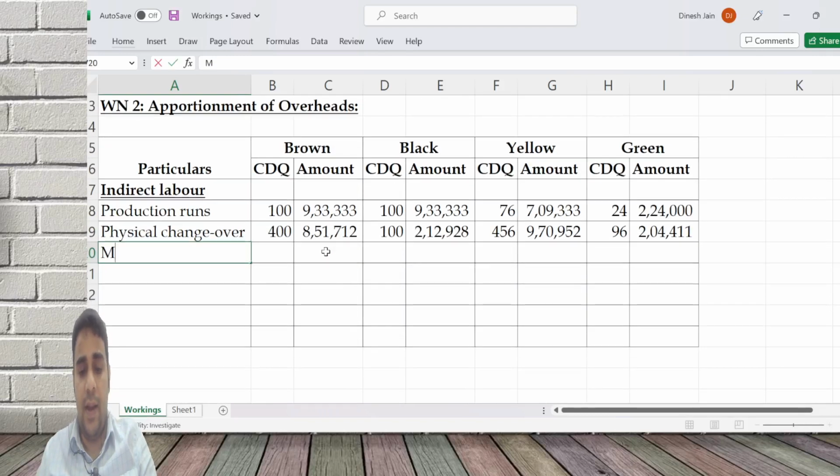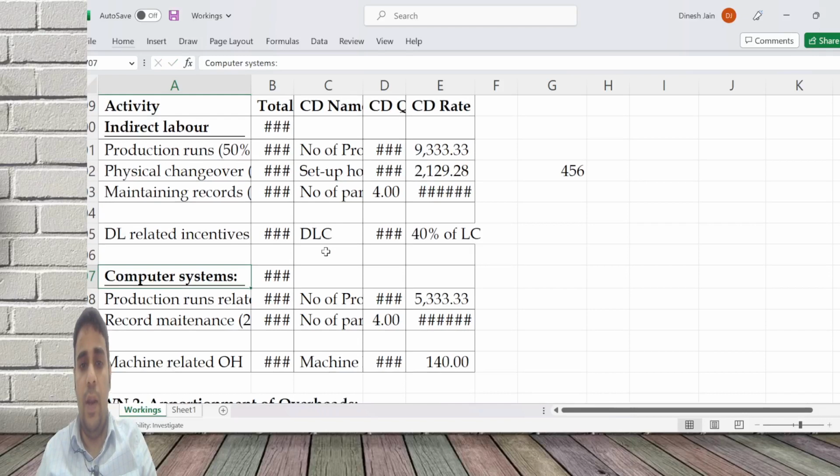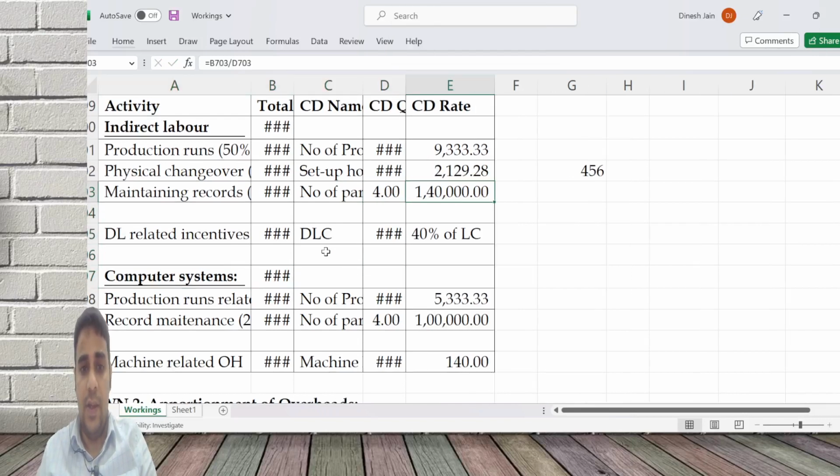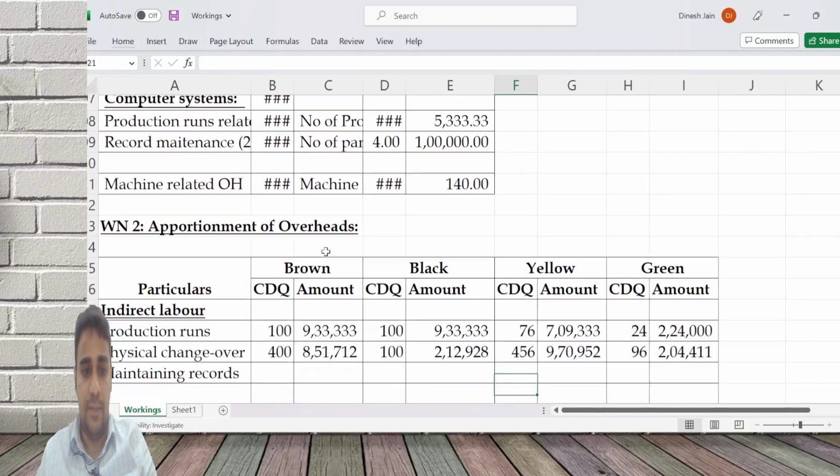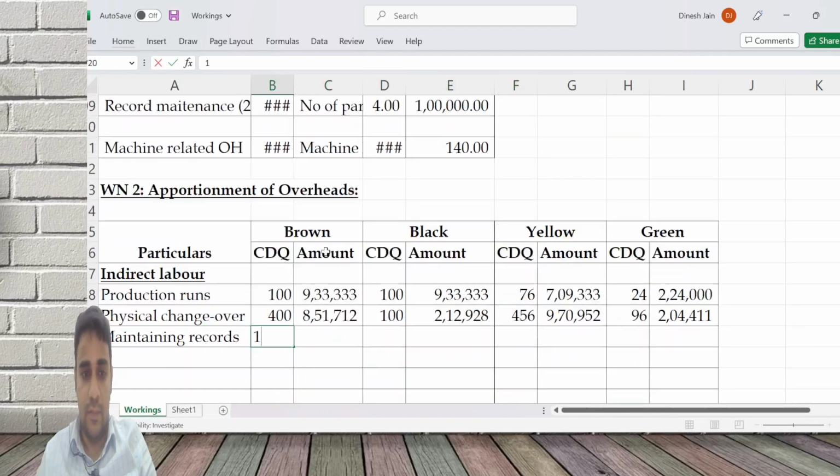Third one is maintaining records, which we said is equal for everything. 1,40,000 equal for everything.